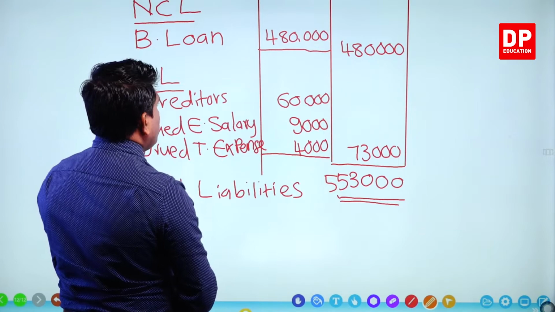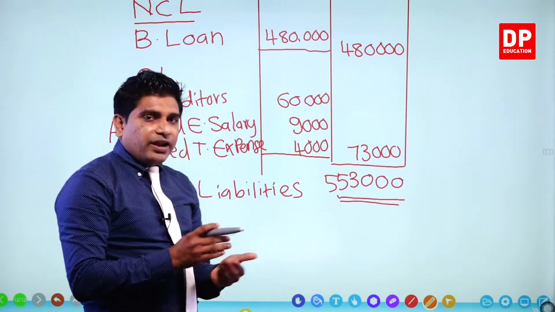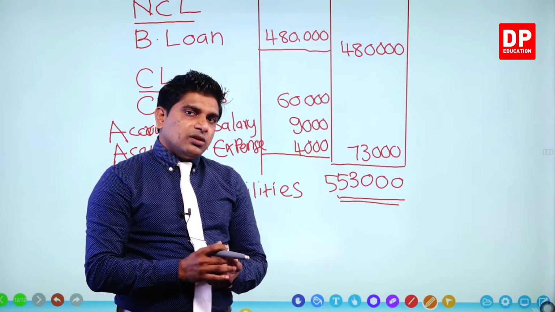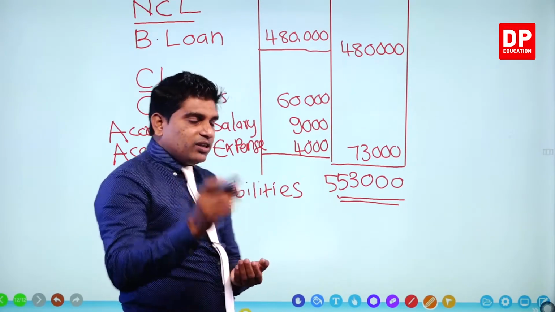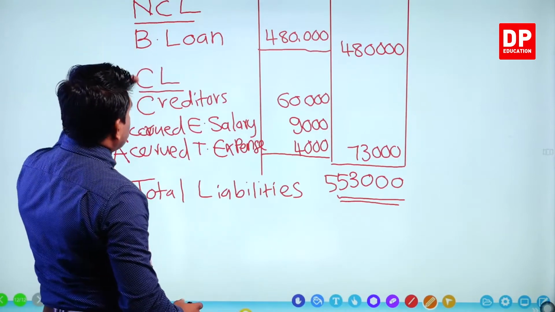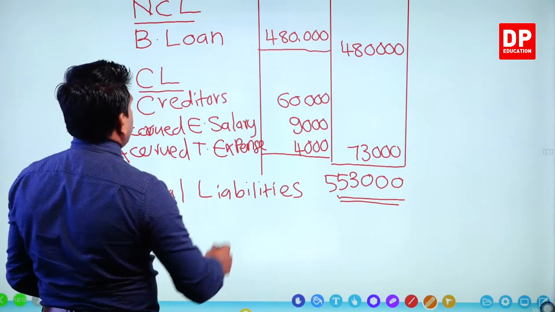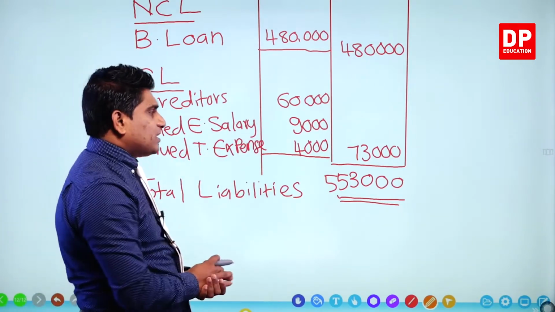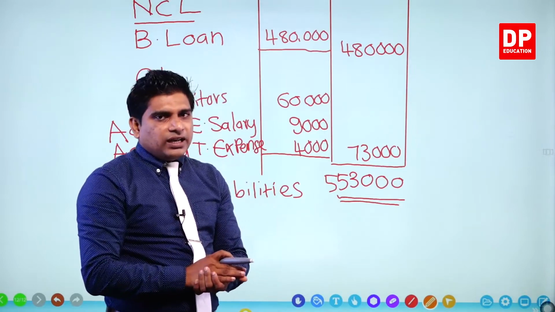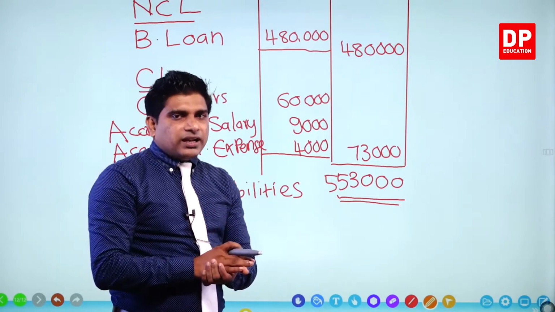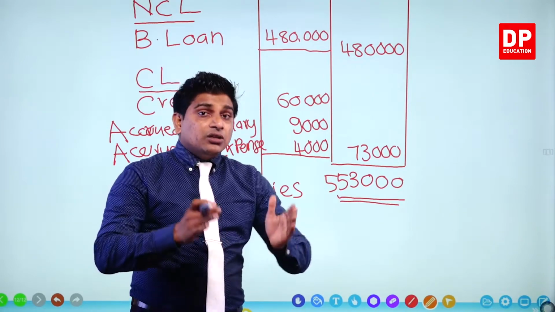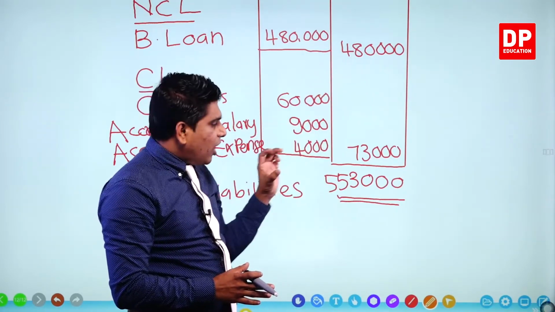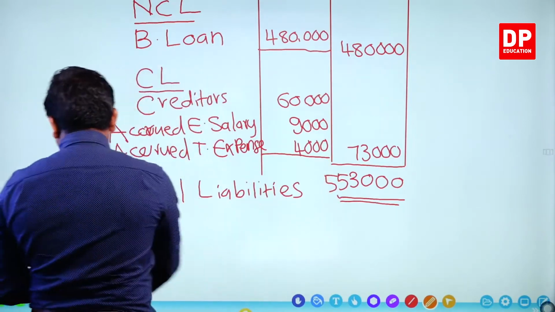Now, this is the method of preparing statement of financial position with liabilities, right? Liabilities only two categories, non-current liabilities and current liabilities. Separately, you can record in the first column, the total you can bring to the second column. In the second column, you can see only the total of the non-current liabilities and total of the current liabilities. If you want to calculate the total liabilities, what you do? In the second column, all the details you add and down you can write total liabilities.